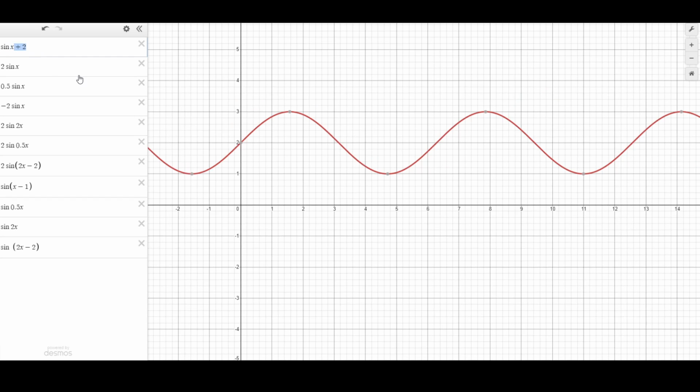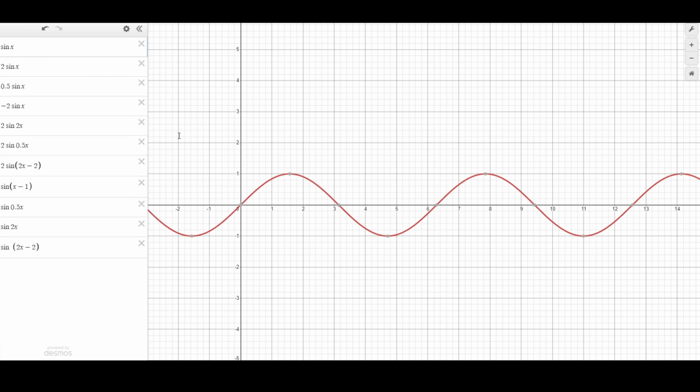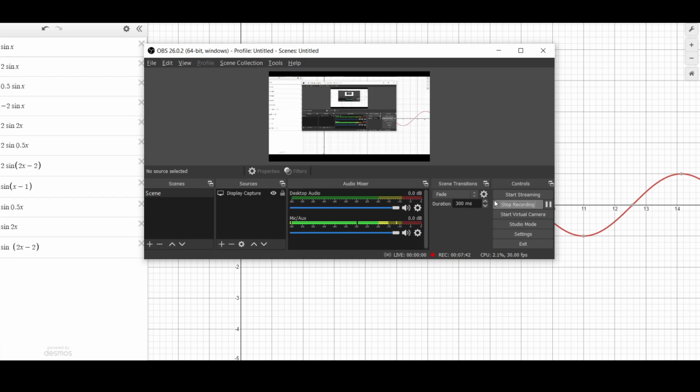Those are the different transformations that are very common in trigonometric functions, or for any other functions. I hope you learned something in this video, and we definitely will be using the concepts in this video to answer different exercises. Thank you for watching, and see you in the next video.